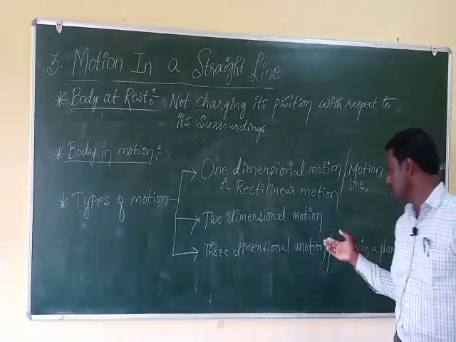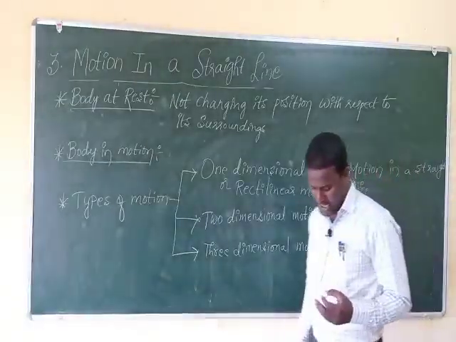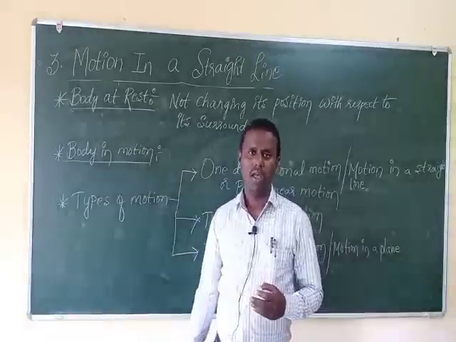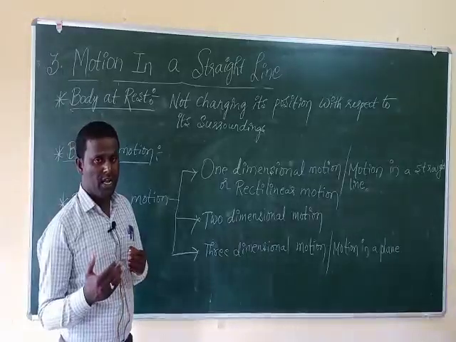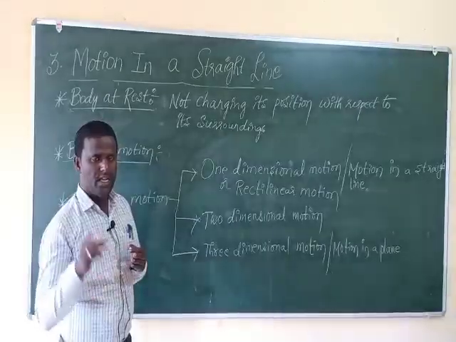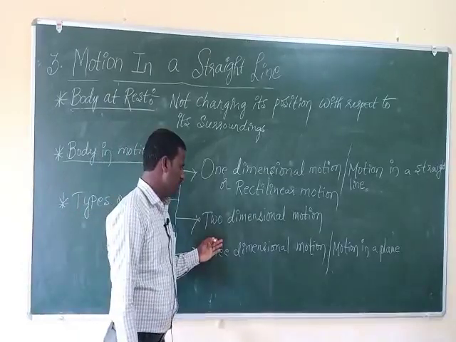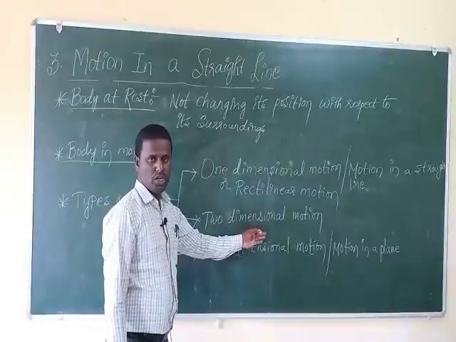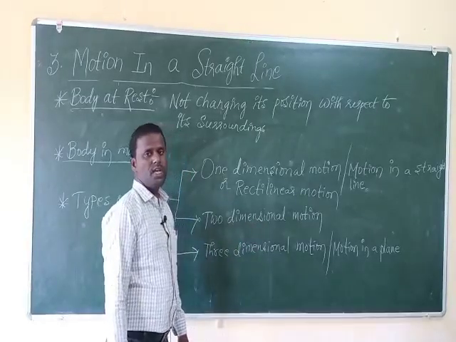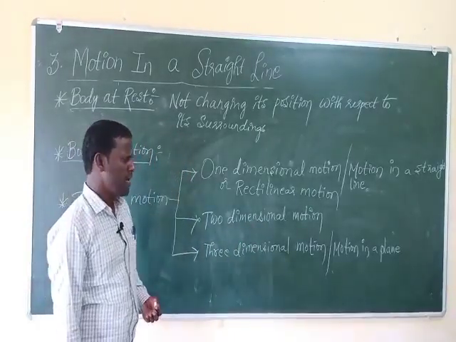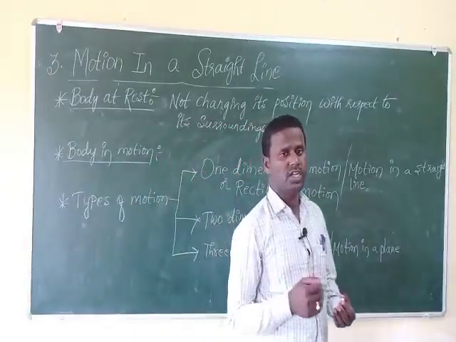Next comes three-dimensional motion or motion in a plane. If the body is moving in three directions, then its motion is called three-dimensional motion, or motion in a plane. For example, aeroplane. It moves in three directions.